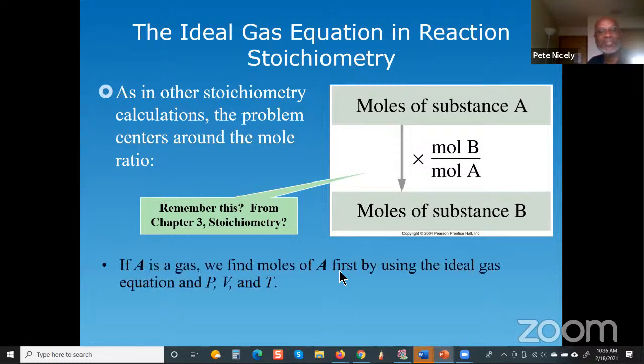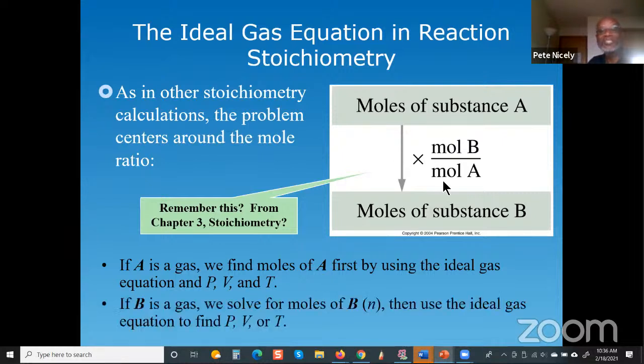So that principle will come into play in the type of problems we'll be looking at when it comes to gas stoichiometry. But the other thing we need to determine in some cases, if we're dealing with gases, is that we need to find the moles of a gas based on other information provided, such as the pressure, volume, and temperature. That information can be used in the ideal gas equation to find the moles of one substance.